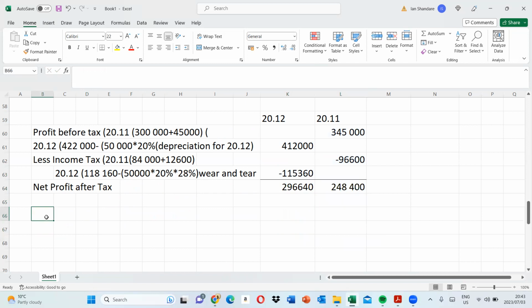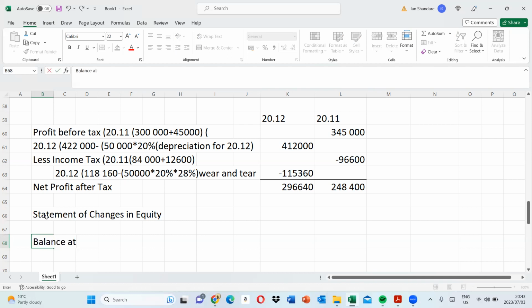And then let's look at the statement of changes in equity. What is going on in the statement of changes in equity? You have your balance at 1st of January 2011.